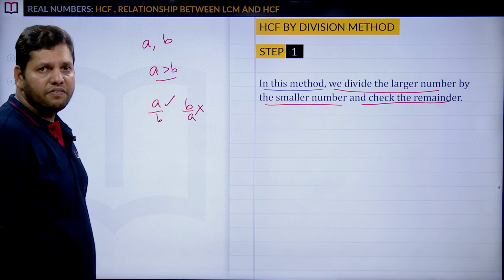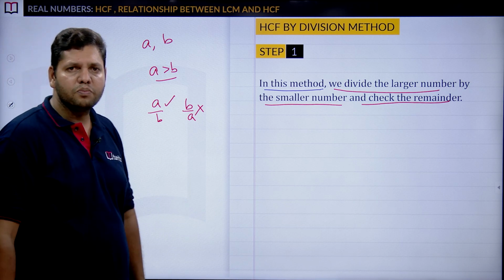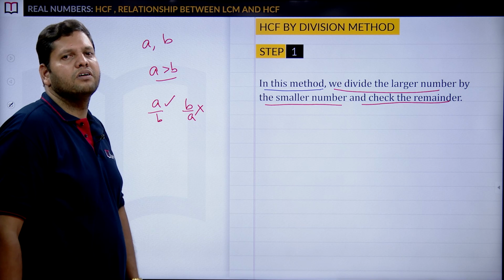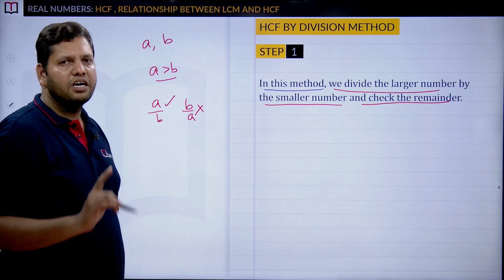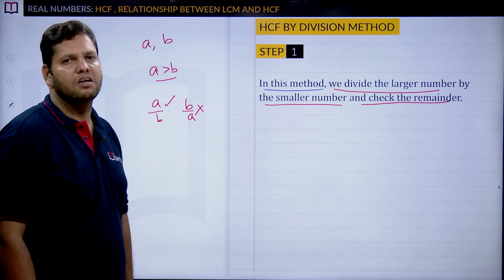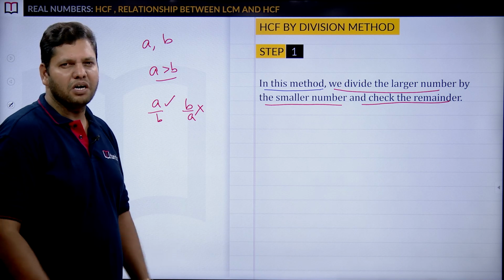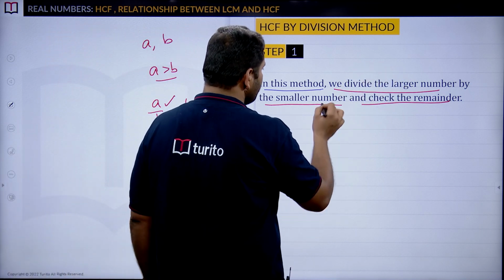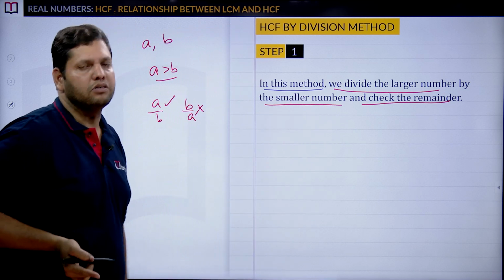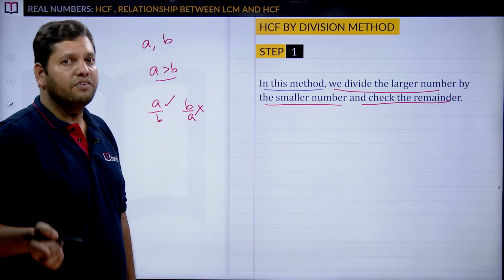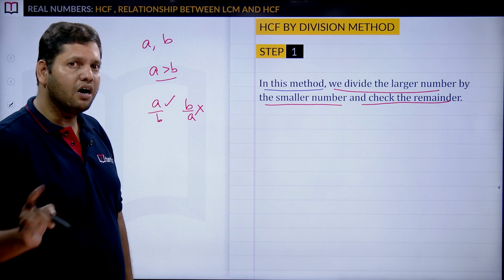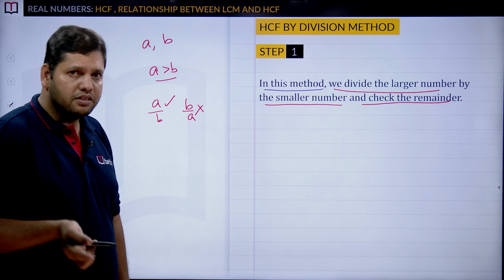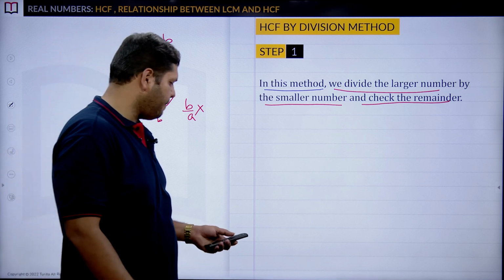Because we can divide a bigger number by a smaller number only. Smaller number by bigger number is not possible, isn't it? So we'll divide the larger number by the smaller number and we'll check the remainder, whether the remainder is a non-zero number or zero. That we are going to check slowly.